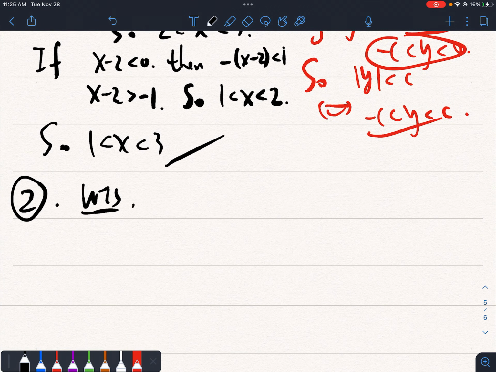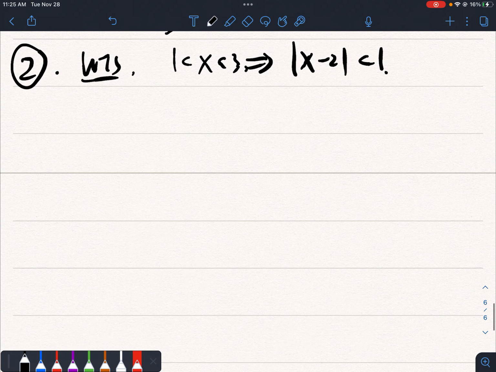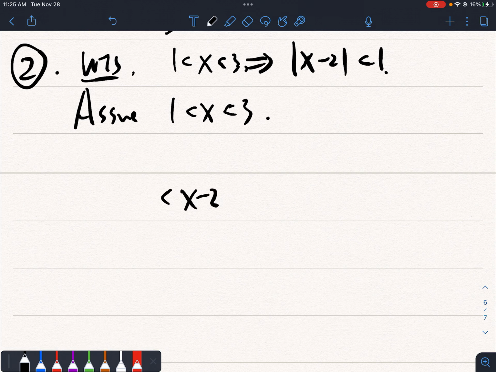So now we want to show that if x is from 1 to 3, then the absolute value of x minus 2 is less than 1. But how can we do it? We first have to assume that this is true. We assume x is from 1 to 3, and then we look at x minus 2. Then x minus 2 would be bigger than 1 minus 2 and less than 3 minus 2.